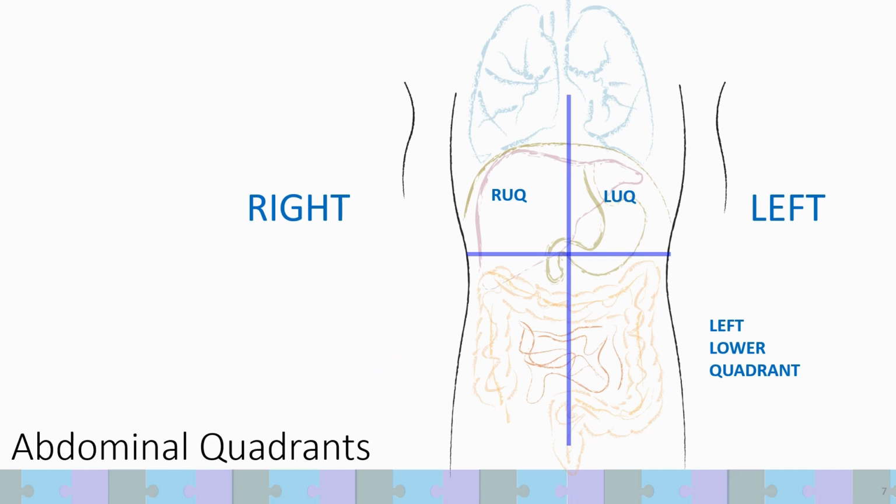The right lower quadrant should be obvious, the RLQ. And the left lower quadrant will be the LLQ. So whether you use the full term or the 3-letter abbreviation, just make sure your rights and your lefts are situated, and then it's fairly straightforward from there.